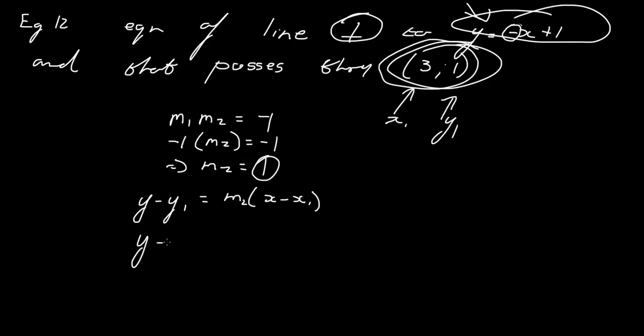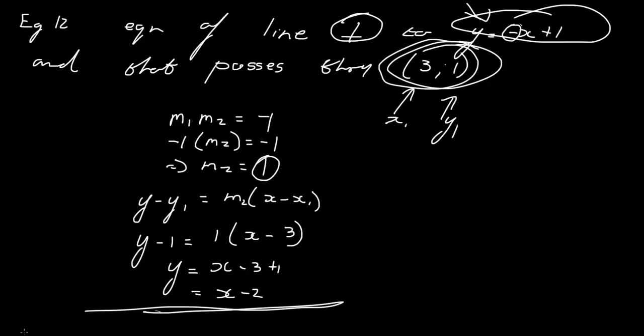So y minus 1 equals m2, which is 1, into x minus x1, which is 3. So y is equal to x minus 3 plus 1, which is x minus 2. And there you go. You've calculated the equation of the line that they asked for.